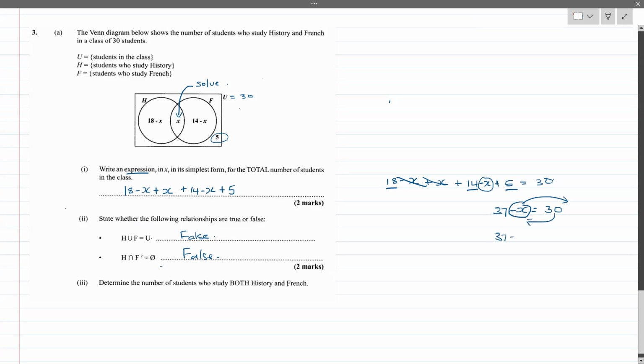So I get 37 minus 30, and I carry the X across, it becomes positive. So I'm going to get X to be 7. So the number of people that do both history and French, writing in set notation here, is equal to 7. Yeah?